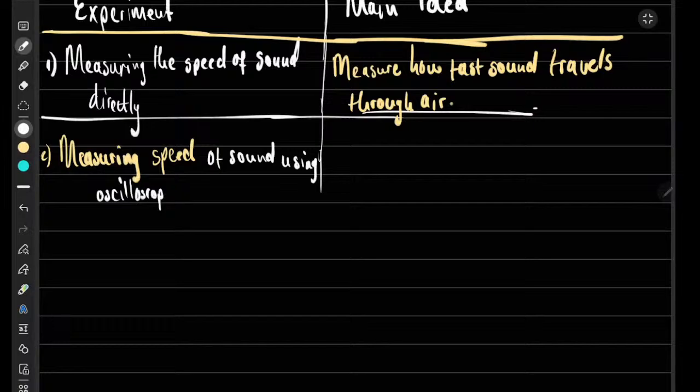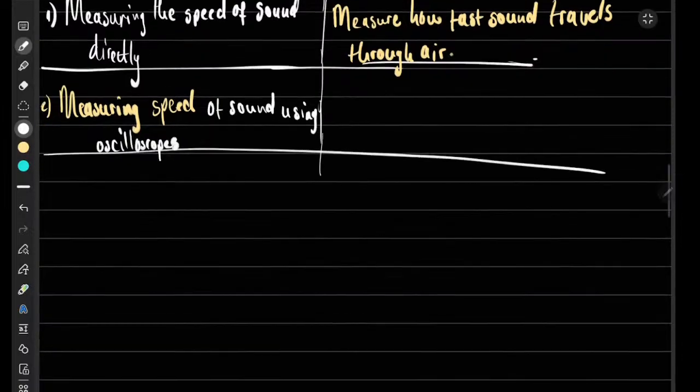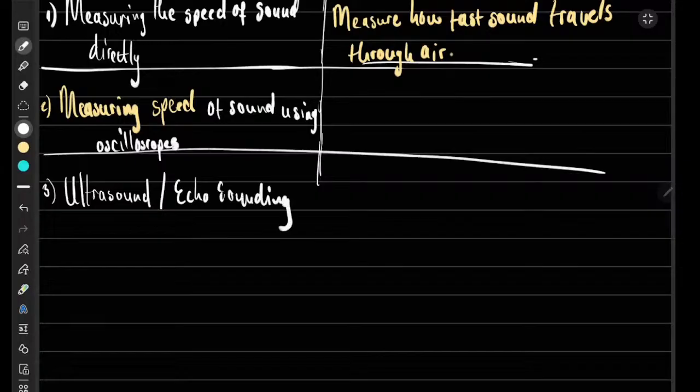Then you're going to be checking what we call ultrasound. You're going to do an experiment on ultrasound, or I'll say echo sounding. This is the third experiment.